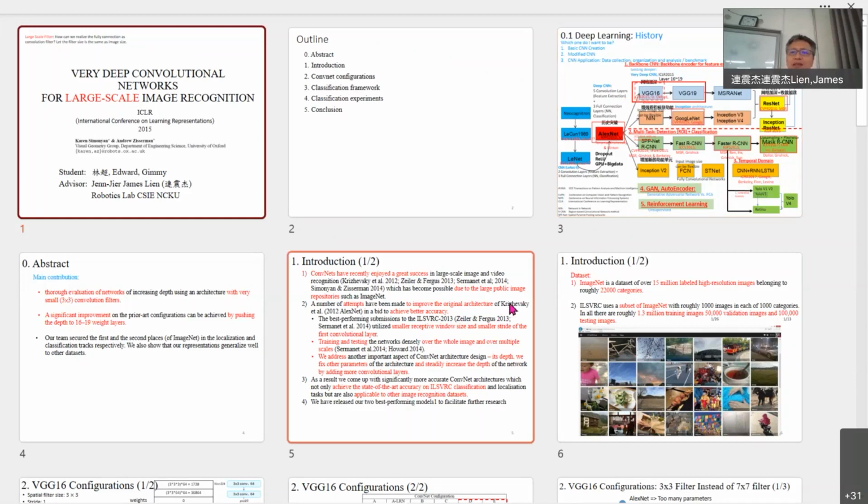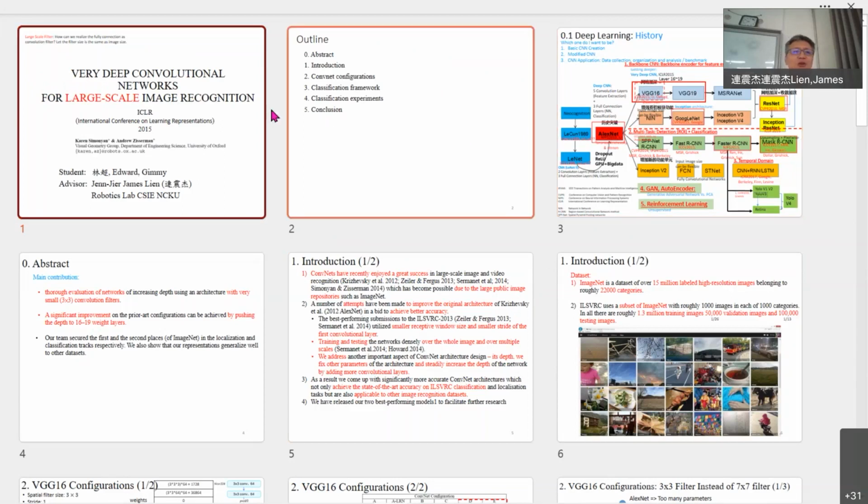So what will we learn from VGG? VGG is important. AlexNet was already a deep convolution network, and the first famous deep learning model was AlexNet, because they had 5 blocks or 5 layers. But VGG16 is already called very deep.